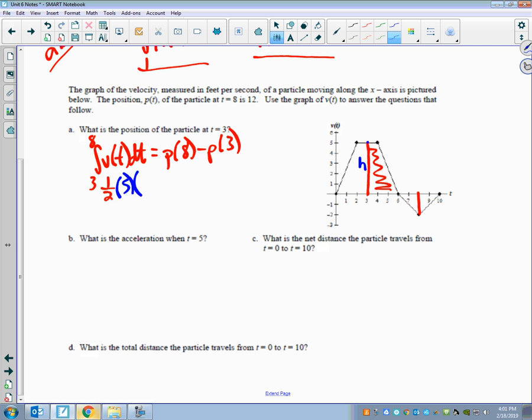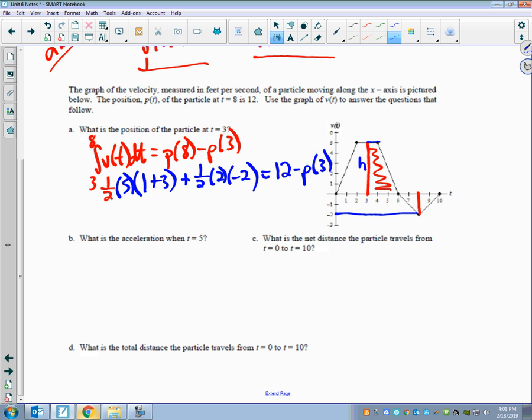And the base is 1 plus 3. Plus this one, but it's below the x-axis, so be careful of that triangle. 1/2, the base is 2, and the height is -2. And I'm going to set that equal to P of 8, which is 12, minus P of 3.